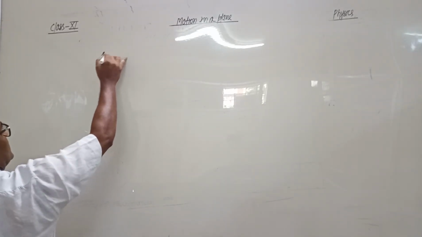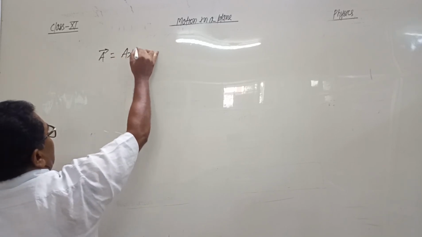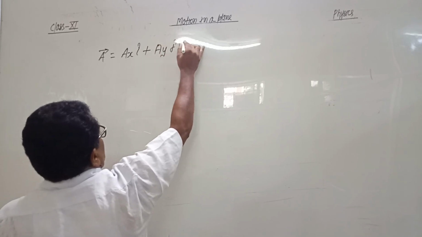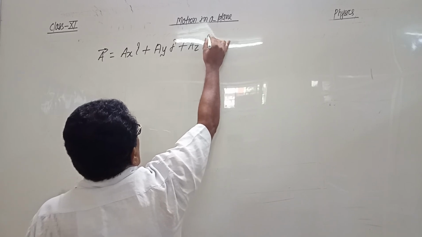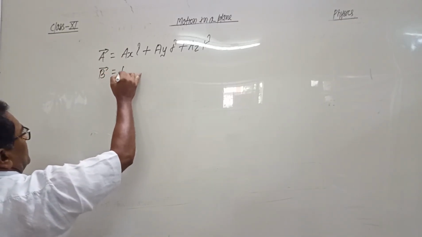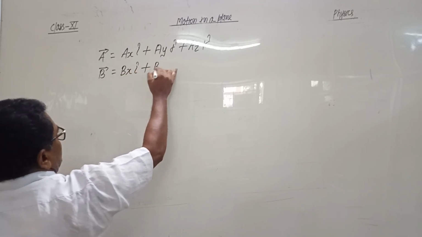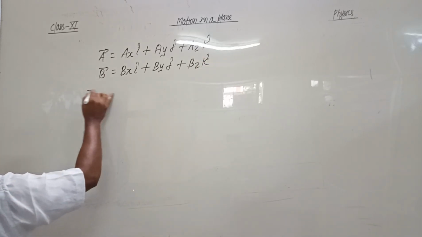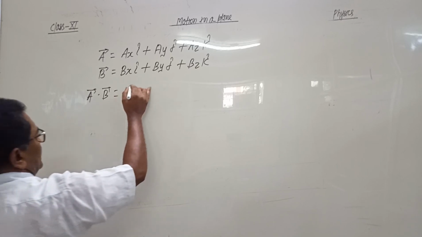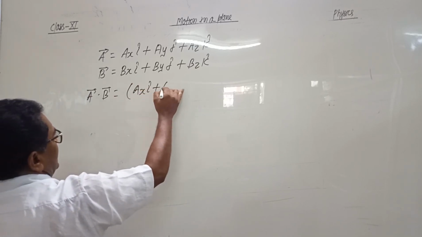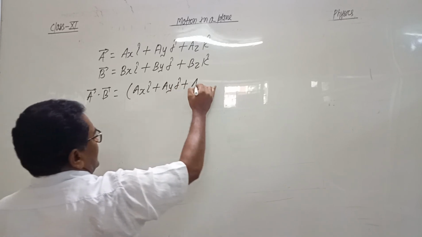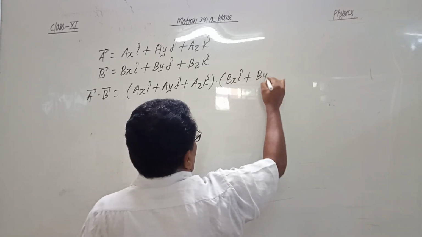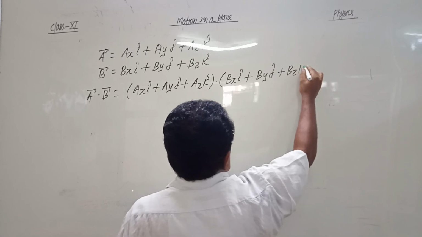If there are two vectors, A equals ax i cap plus ay j cap plus az k cap, and another vector B equals bx i cap plus by j cap plus bz k cap, and we have to find A dot B. So we write ax i cap plus ay j cap plus az k cap dot bx i cap plus by j cap plus bz k cap.